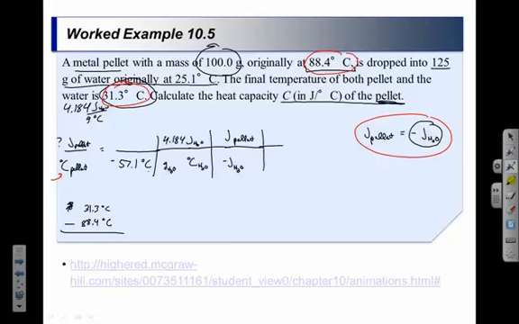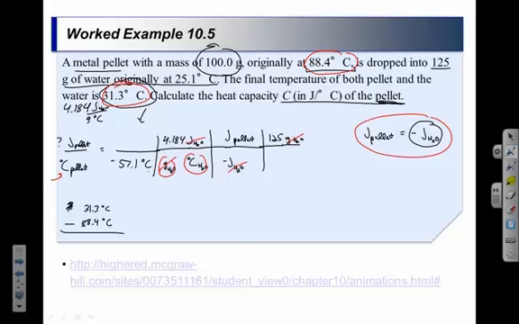Then this cancels, and I just need to cancel these two. So I need to multiply by the grams of water, which is 125 grams. And I also need to multiply by the change in temperature for the water.